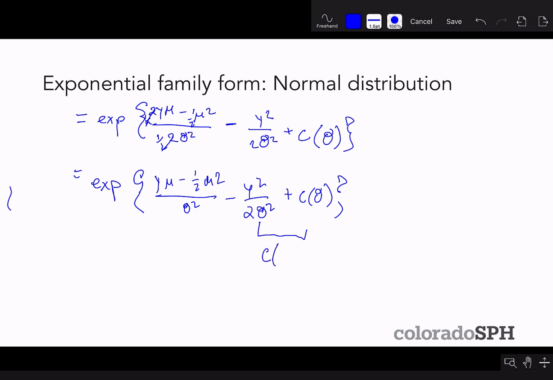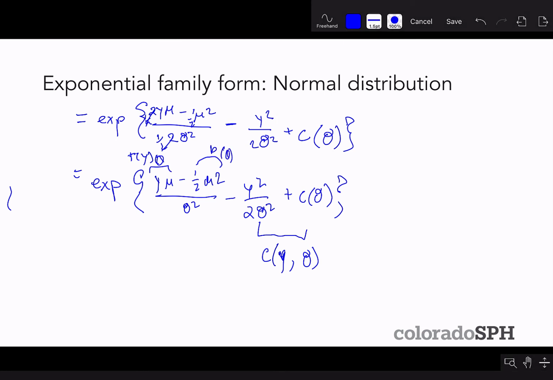This is the new c of y and sigma, because it contains the variance parameter but it doesn't contain the mean, and it's a function of y. Up here we have your t of y times theta, the main parameter of interest, and then this would be your b of theta, because it's mu squared, just a function of mu.